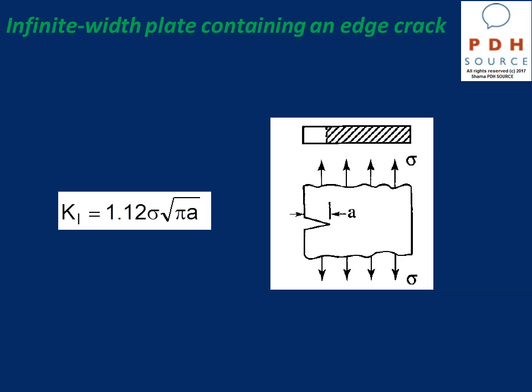So basically, if we look at the through thickness crack case that we looked at in the beginning, if we cut it into two, we get the edge crack case, and we note here a 12% increase in the value of the stress intensity factor.